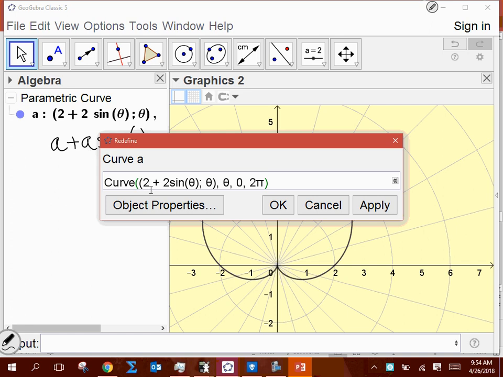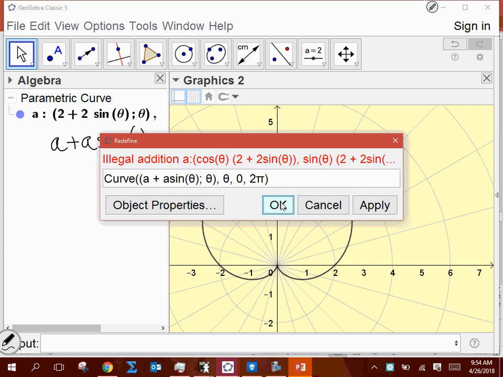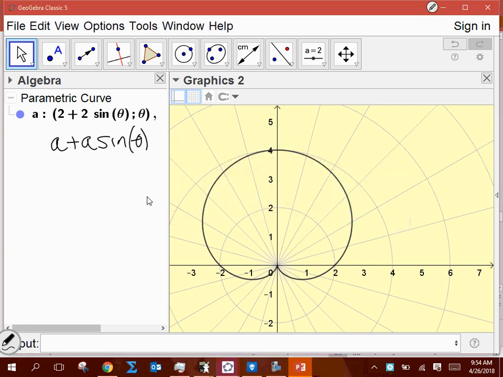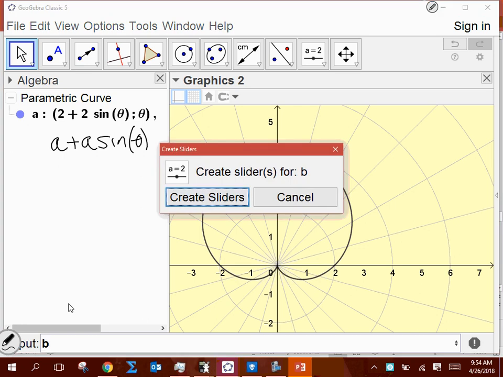So I can change that thing. Maybe I make that go to A. And that A, and it should ask me to create a slider. Well, let's do this. A. Maybe I can't create sliders. B. Okay.